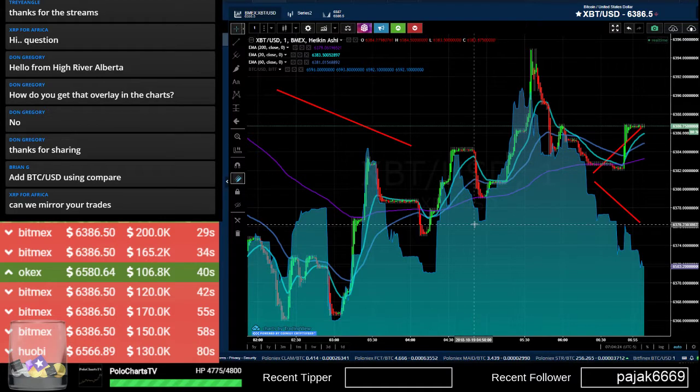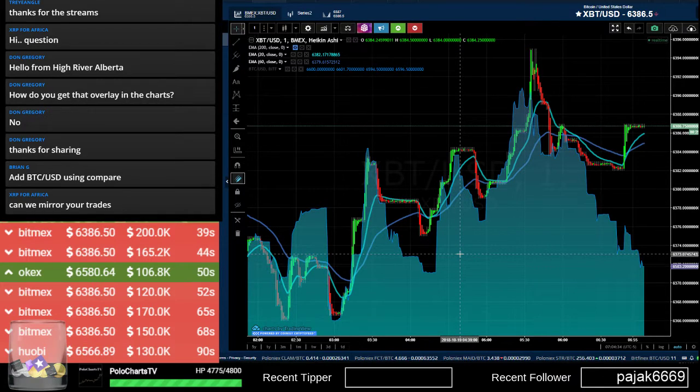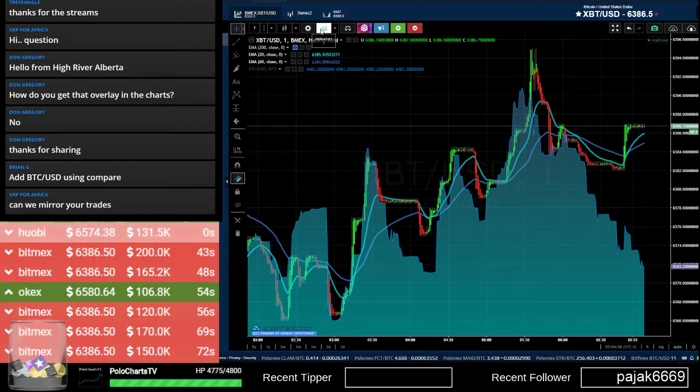I've also been experimenting with the 200-day exponential moving average. I see a lot of traders using that, so I've been checking that out too. Hopefully that helps. The limit is that I'm using Coinigy charts, and I don't know how that works on TradingView.